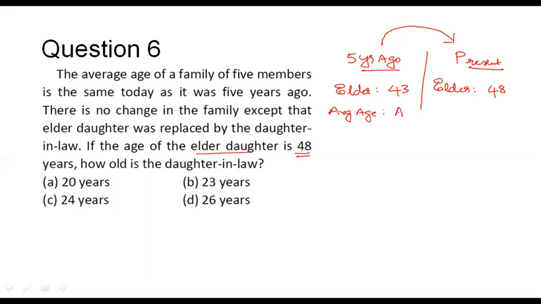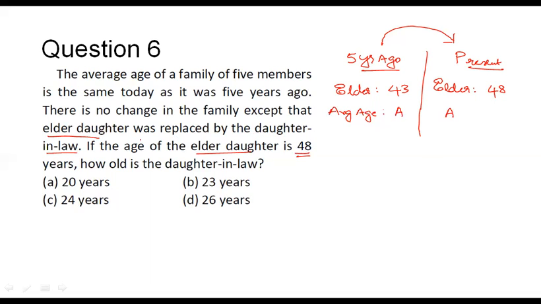Let that value be A. So what is the present average age? That also is equal to A. The average value does not change. It remains the same. There is no change in the family except that the elder daughter was replaced by the daughter-in-law.